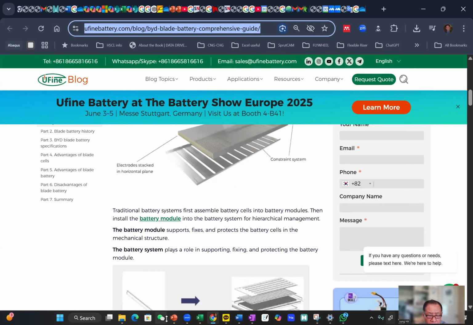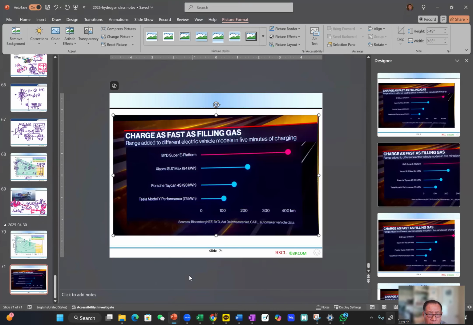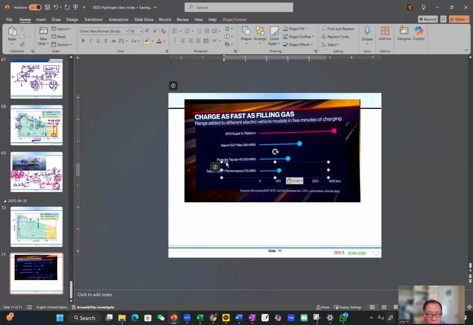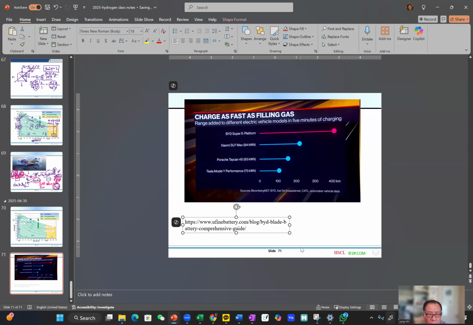Okay, again, this is a really new technology, and the main technology that makes this possible is the BYD blade battery technology, and I guess it's important to understand this one. Again, why we need to pay special attention to fast charging is that one of the biggest advantages of a hydrogen tank is the fast charging.